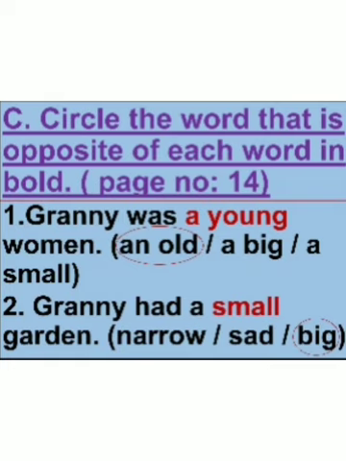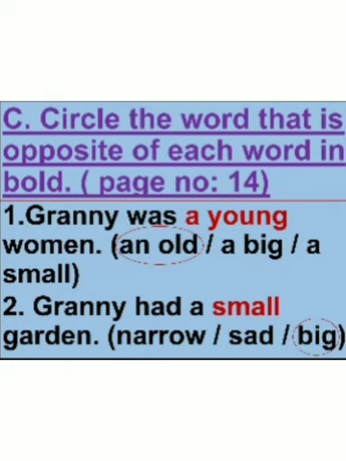Old, isn't it? And now, the word old begins with the letter O. And what kind of a letter is O, children? Is it a consonant? No, it is a vowel, isn't it? So what are you going to write in front of old? Before old, what will you write? Yes, you are right.